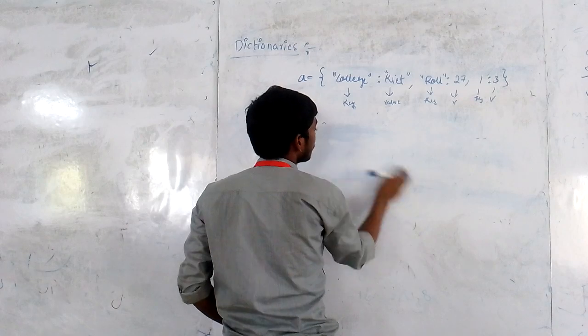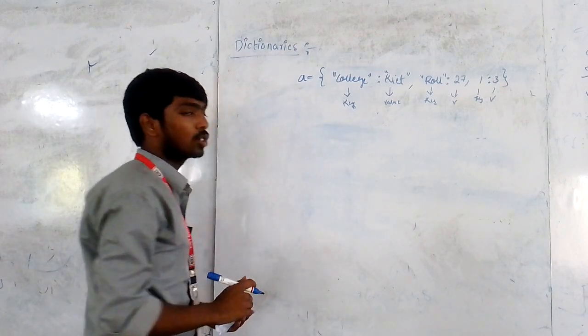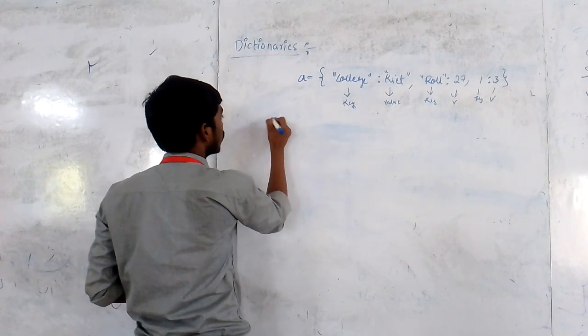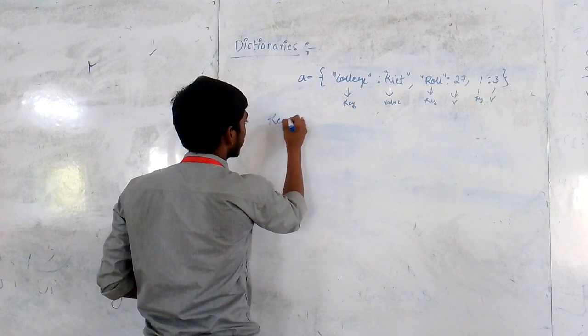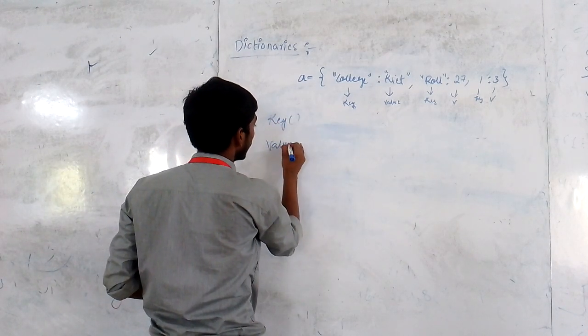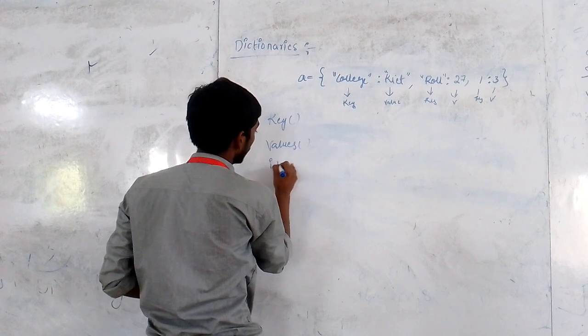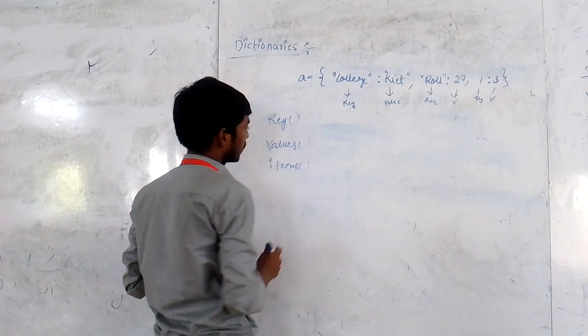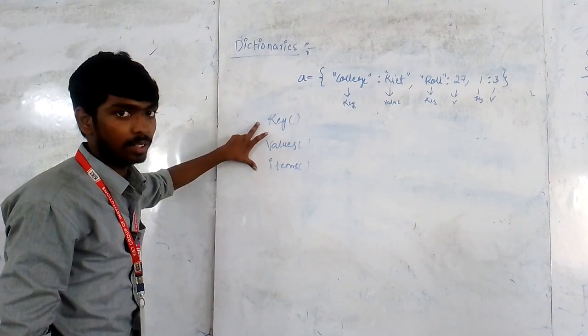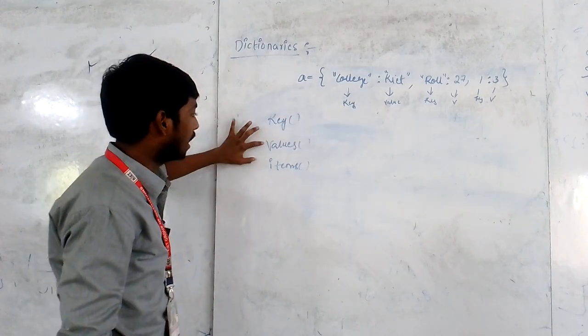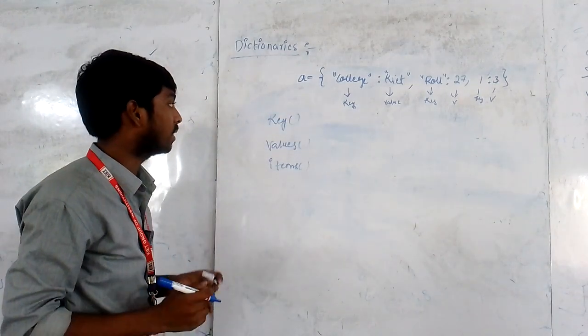There are some more methods to access elements. Those methods are keys, values, and items. By using these three methods, we can access keys, values, and items in a dictionary. Let's see how it works.